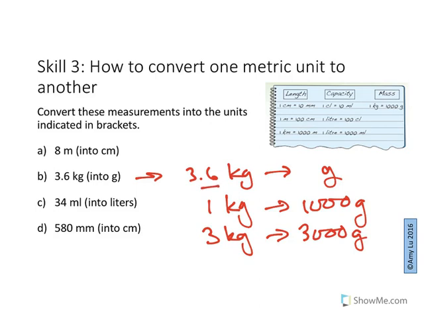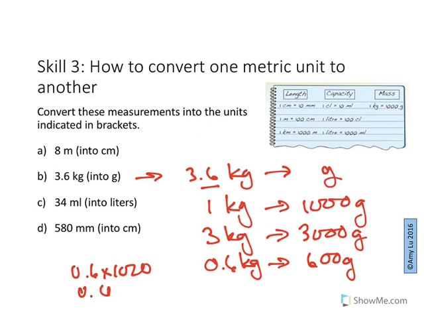This one right here, 0.6 kilograms, it's going to be 600 grams because it's less than 1,000, right? And I multiply this by 1,000. 0.6 times 1,000, move the decimal. 1, 2, 3. It makes 600. So therefore, 3.6 kilograms is 3,600 grams.